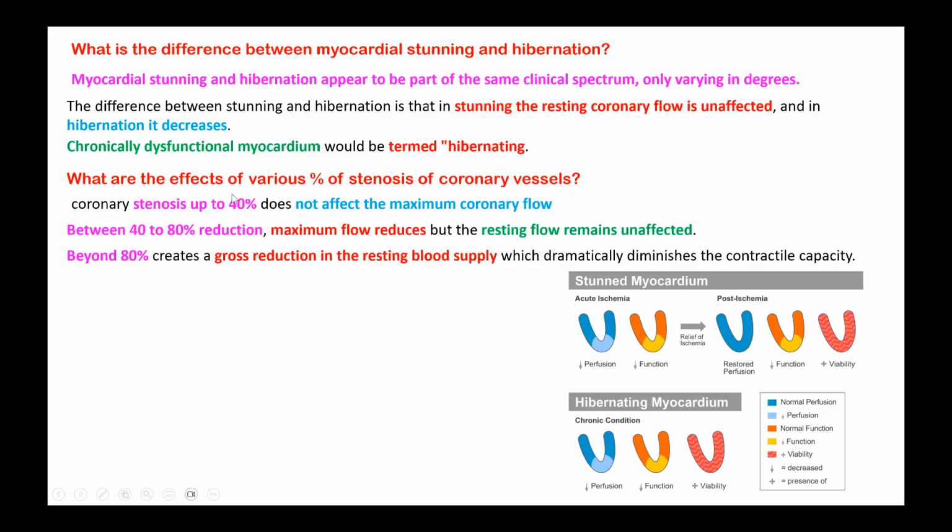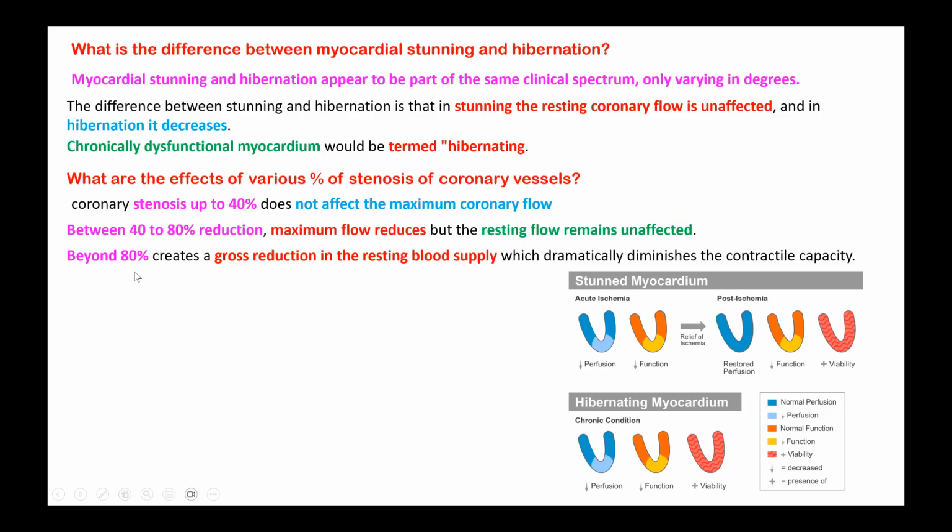So at 40%, when you go to a cardiologist and they do an angio, they will say nothing to worry, you can just go for a walk and improve your collaterals. Whereas if it is 40 to 80%, your maximum flow will reduce. That is, you will start getting anginal pain because when you briskly walk, you will not get adequate blood flow. But resting angina will not happen because resting flow is still maintained.